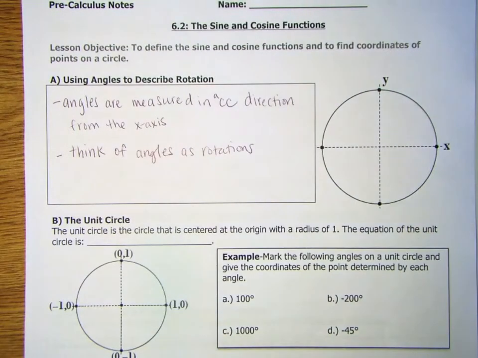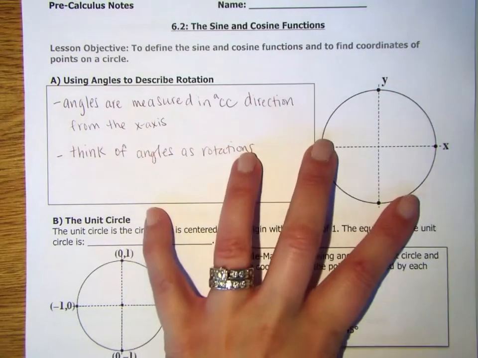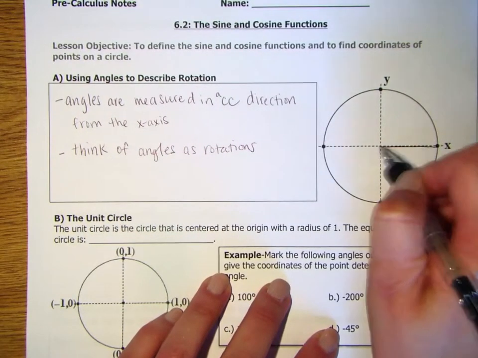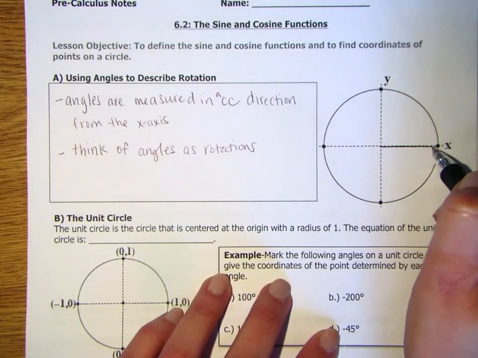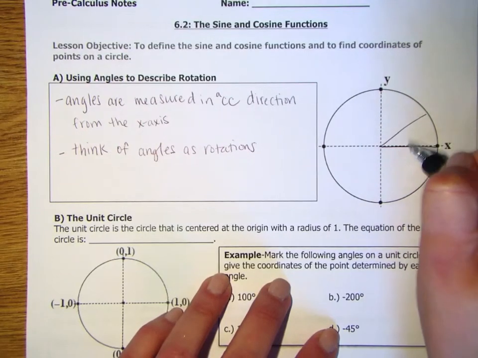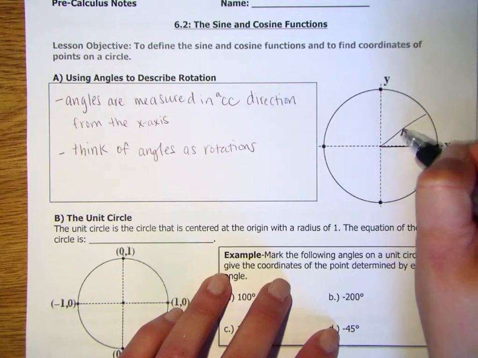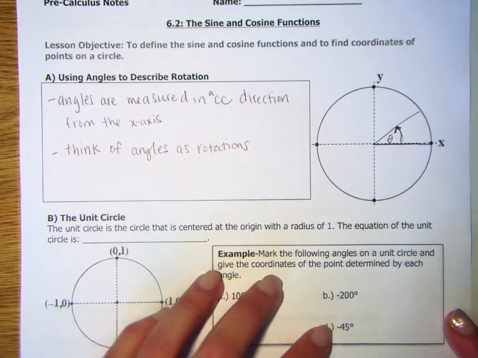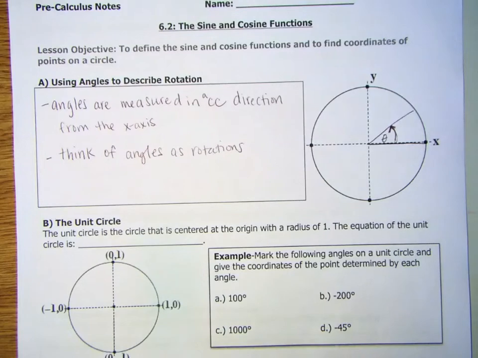So again, in geometry class, you defined an angle as two rays with a common endpoint, just somewhere floating in space. But here we define an angle by starting on the positive side of the x-axis and thinking about that segment rotating some amount. You know from Algebra 2 last year that we typically use the Greek letter theta to indicate that rotation or that angle.